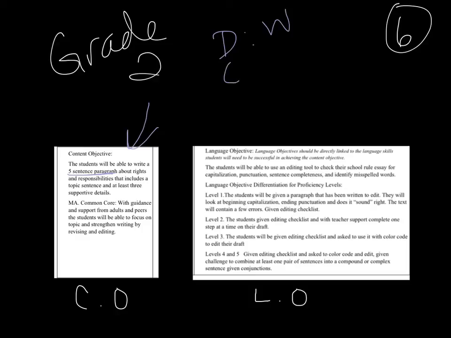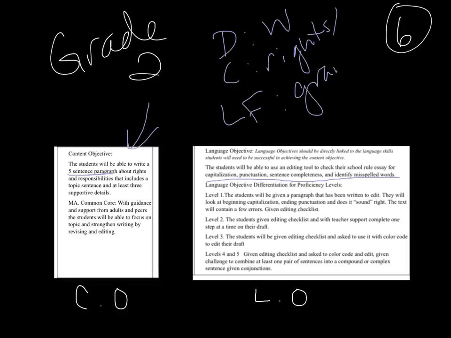The content is about, I believe the teacher was going over rights and responsibilities. I believe it was at the classroom level, so that was the content area. The language function here is that students are going to be going over capitalization, punctuation, complete sentences, and identifying misspelled words. So the language function really is the grammar that the teacher is going over.